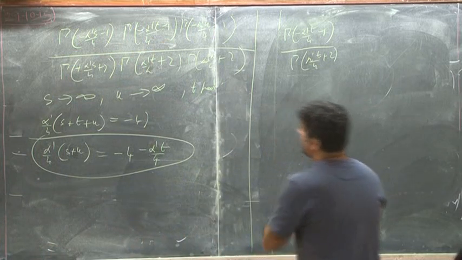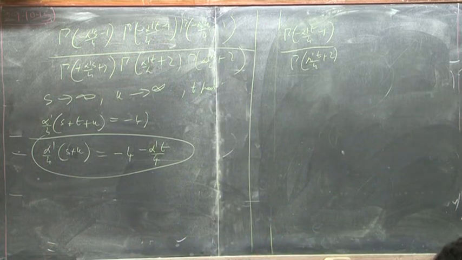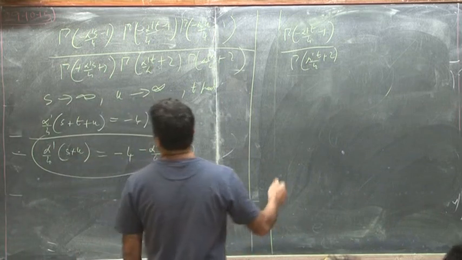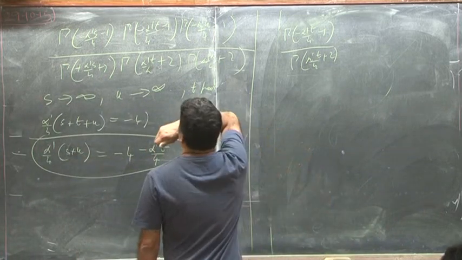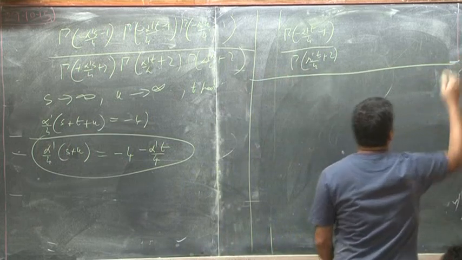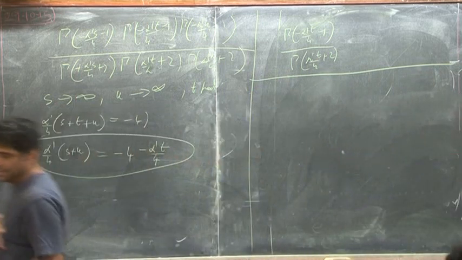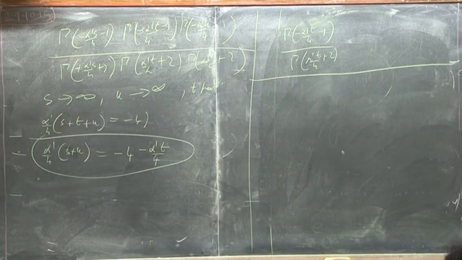Okay? So now we have to be a bit careful. Let's look at these terms. Once again, we use the Stirling approximation, but keeping terms all the way up to the square root.